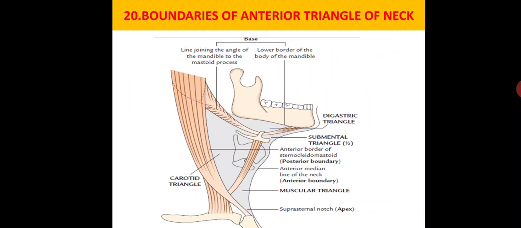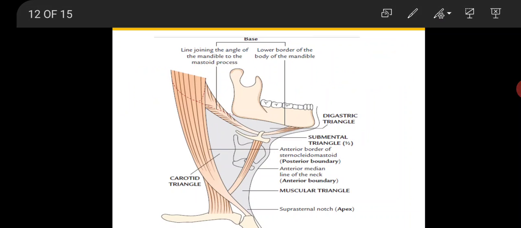The next question: boundaries of the anterior triangle of the neck. Here we can see the boundaries of the neck. This is the base. The base is the upper area, formed by the lower border of the body of the mandible and the line joining the mandible to the mastoid process.